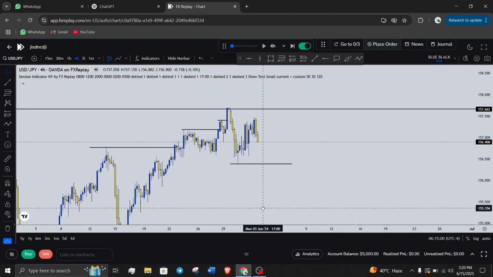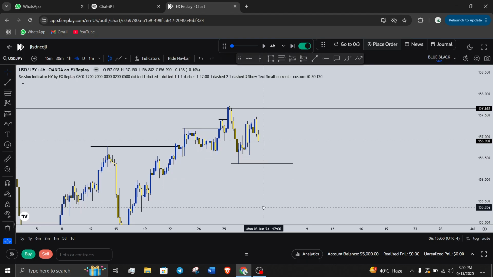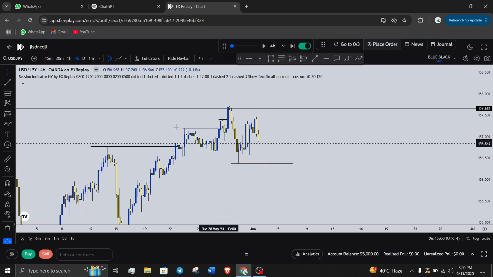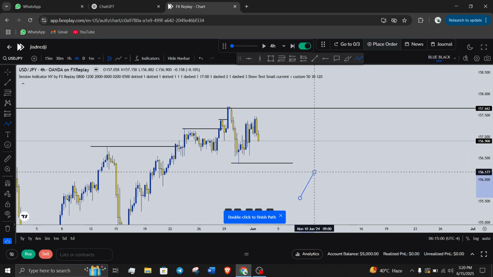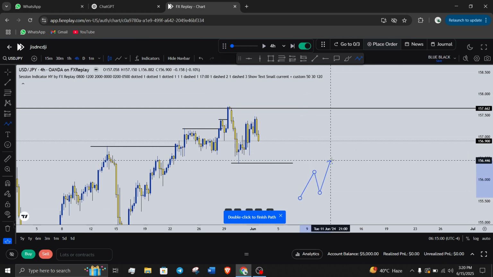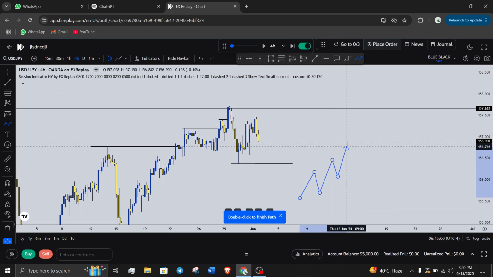And the other thing, to continue for buys, as this 4-hour failed to make a higher high, I'm not actually in for buys. So here's the concept. If we are trending upwards in the 4-hour time frame, we are making higher highs, higher lows.